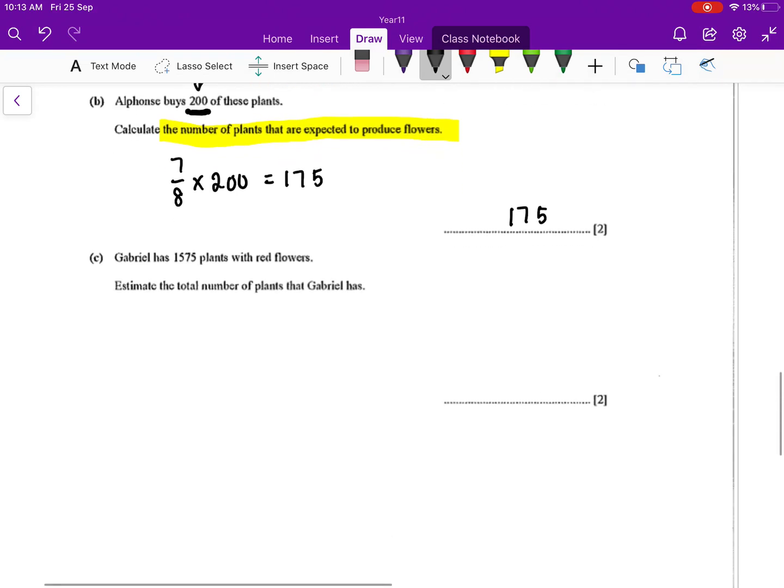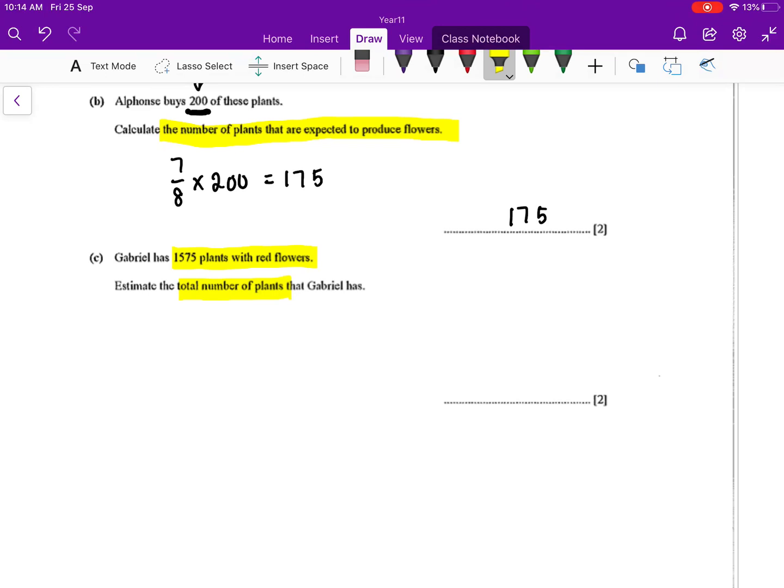Okay, let's move on to the next one, where Gabriel has 1575 plants with red flowers. Estimate the total number of plants that Gabriel has. Now you need to understand this question, where they tell you that you have this many red flowers and you need to calculate the total number of plants.